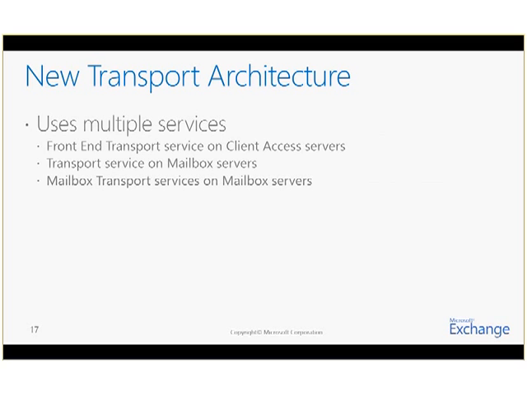The Mailbox Transport Submission Service connects to the local mailbox database using RPC to retrieve messages, and it submits messages over SMTP to the transport service on the local mailbox server or again to other mailbox servers. Now, the Mailbox Transport Submission Service has access to the same routing topology information as the transport service. And like the front-end transport service, the Mailbox Transport Service also doesn't queue any messages locally.